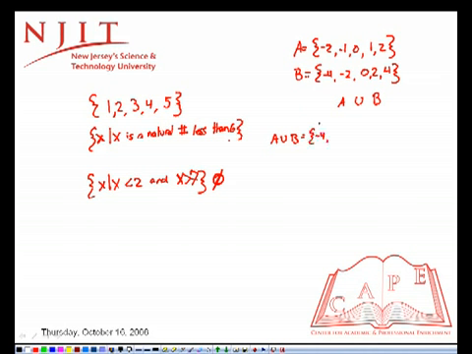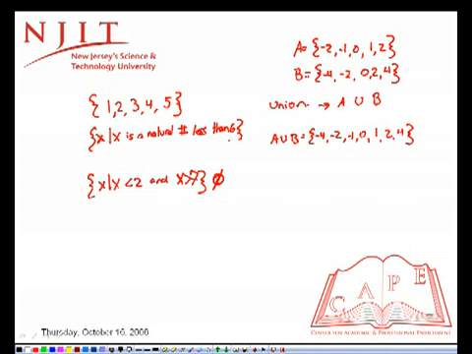So we list every single number in both sets. As you can see, this answer incorporates both values from A and B into one answer. That's what this union is asking for.